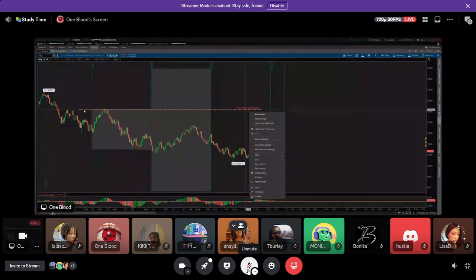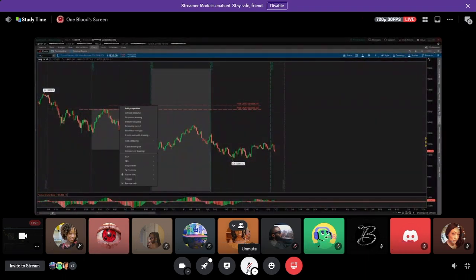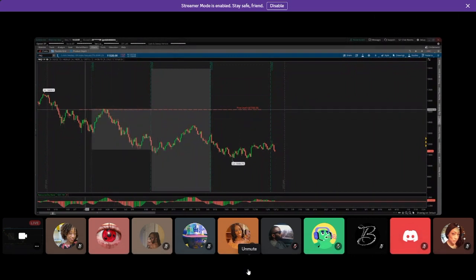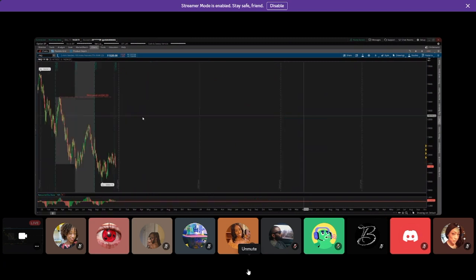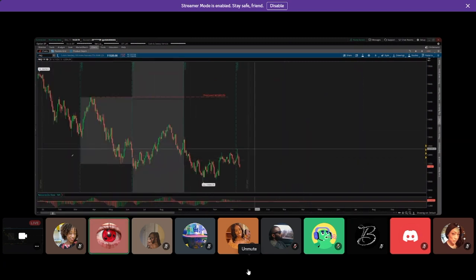Let me fix it. Nobody could dispute that. That's the high. And nobody could dispute that. This is a low. Alright, now where do we go from here?